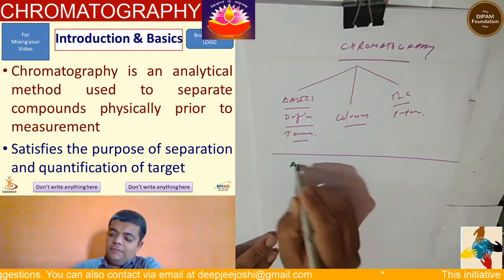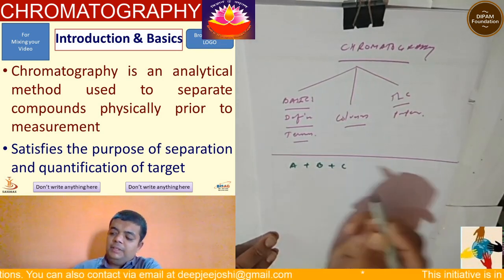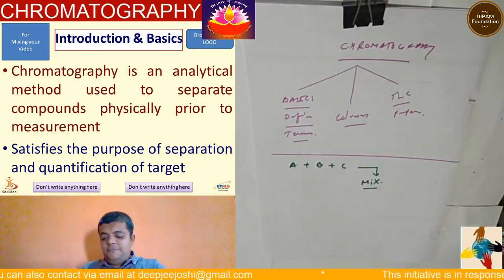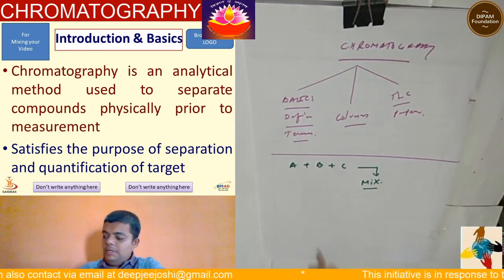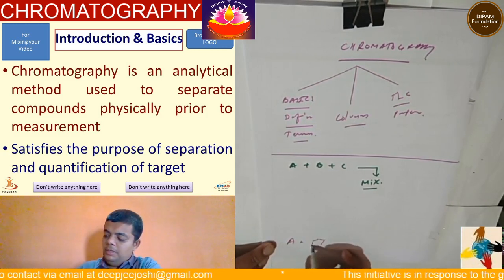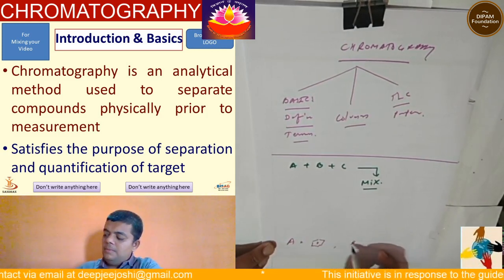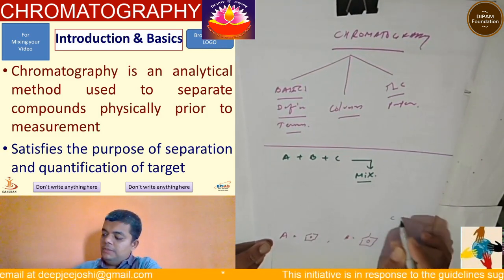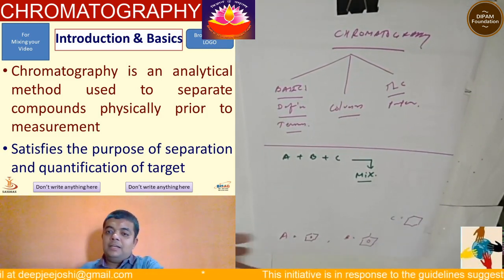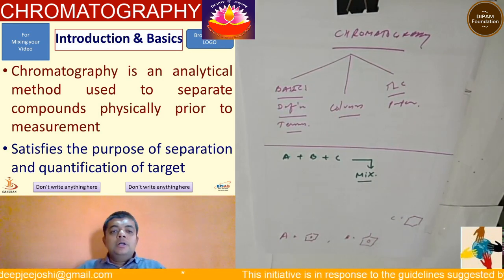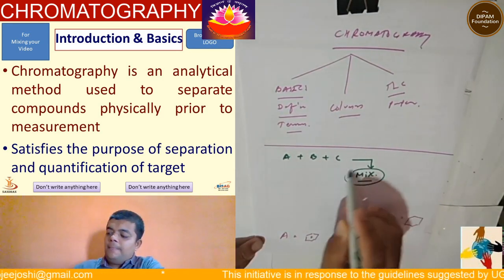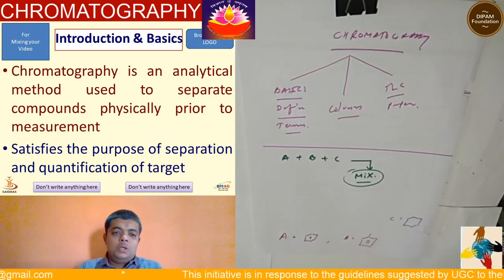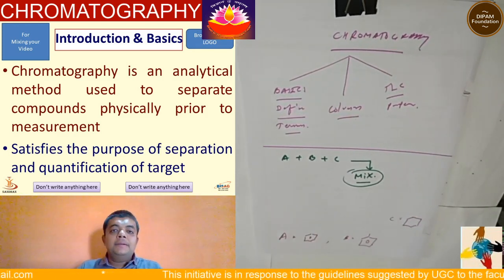If I have a mixture of A plus B plus C, and if someone wants to claim A to be benzene, B to be toluene, and C to be cyclohexane, looking at the mixture directly, I'm not sure whether he would be able to tell that it is benzene, toluene, or cyclohexane.